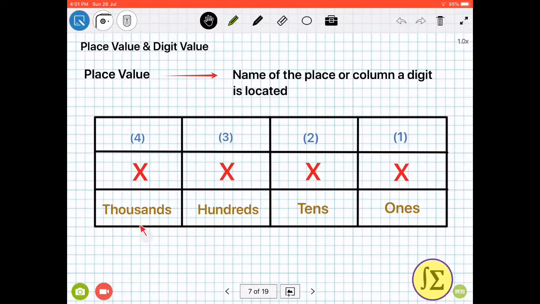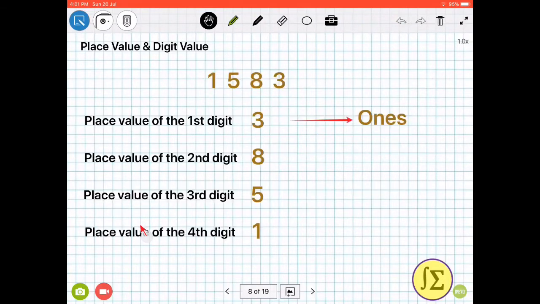Okay, let's look at an example. We're looking at this number 1583, a 4-digit number. The first digit, the rightmost digit, the place value of this number is ones. The second digit, 8, the place value of this number is called tens. The third number is 5.